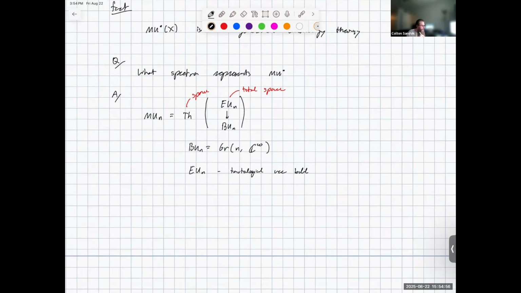And we have maps. I'm claiming that this will give us spectra, so I should explain what the maps are. We have UN sitting inside UN plus one, and this will induce a map from S2 MUN to MUN plus one. We'll give some more care in defining this on the algebraic side. And so this defines a spectrum.